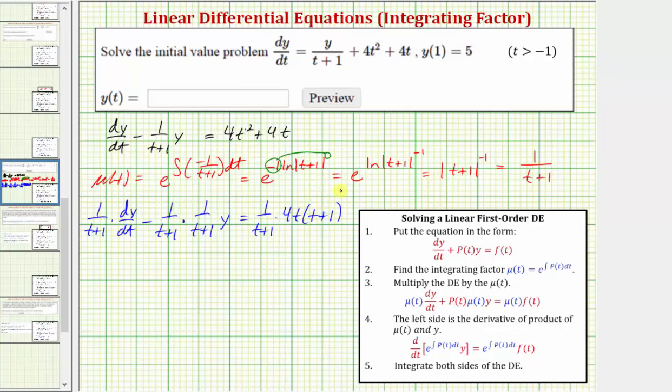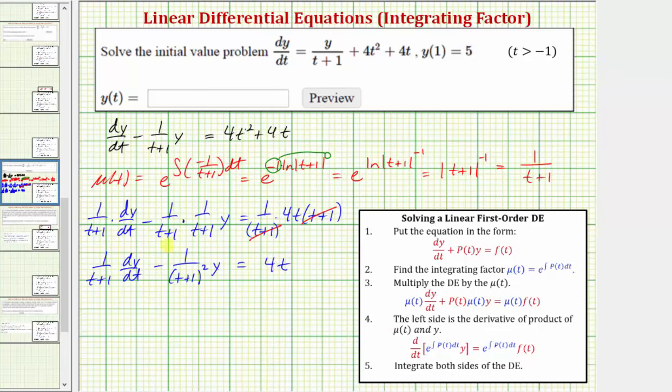And now we'll simplify. So we have 1 over the quantity t plus 1 dy/dt minus 1 over the quantity t plus 1 squared times y equals, on the right side, notice how t plus 1 divided by t plus 1 would simplify to 1, so the right side simplifies to 4t.